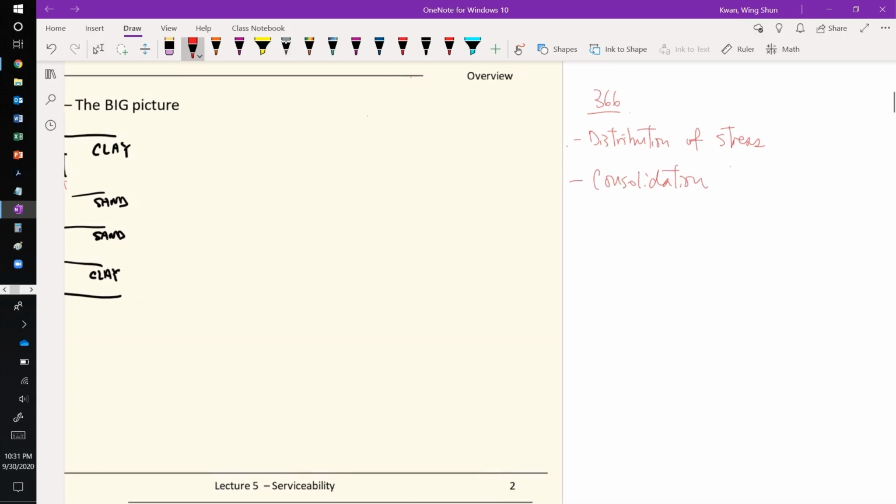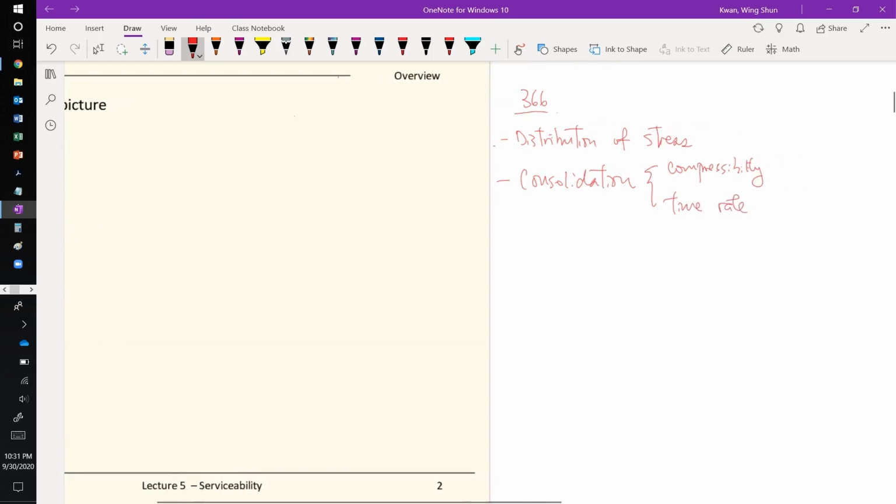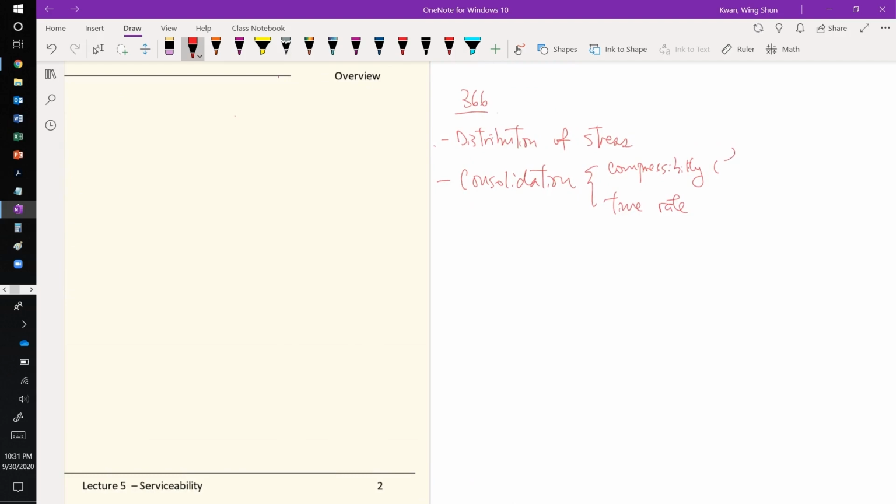We have the compressibility and also the time rate. The compressibility answers the question of how much, and the time rate answers the question of how fast.